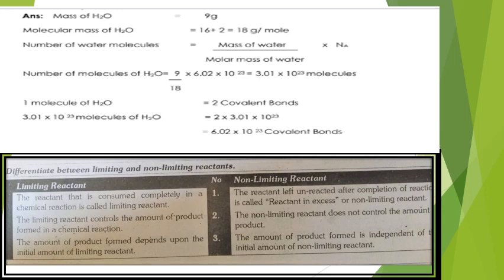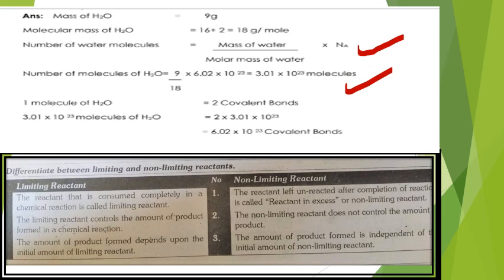Now apply the formula: number of molecules is equal to given mass of water over molar mass of water multiplied by Avogadro's number. Place 9 above as a numerator. Molar mass of water is 18, multiplied by 6.02 × 10²³. The answer is 3.01 × 10²³ molecules.